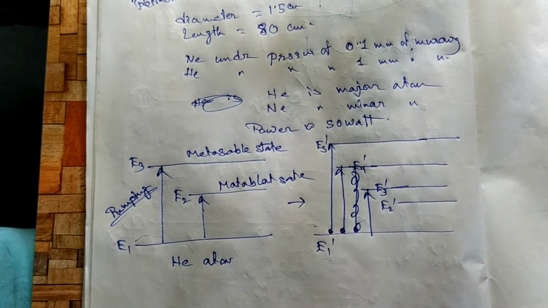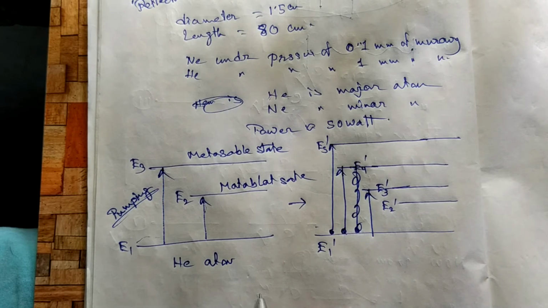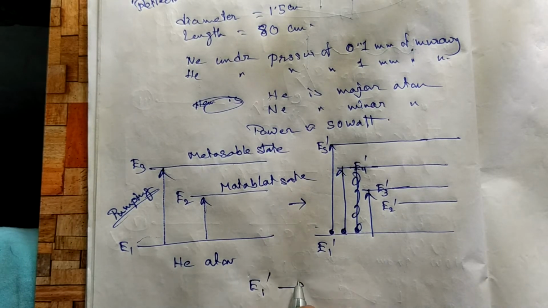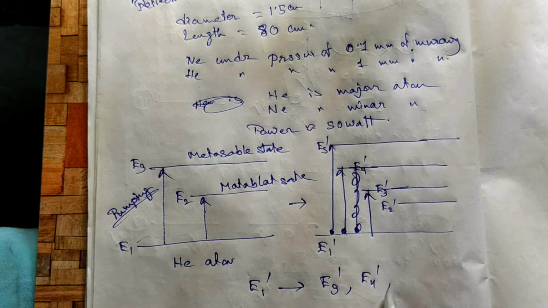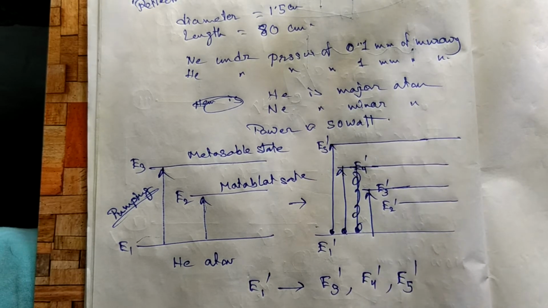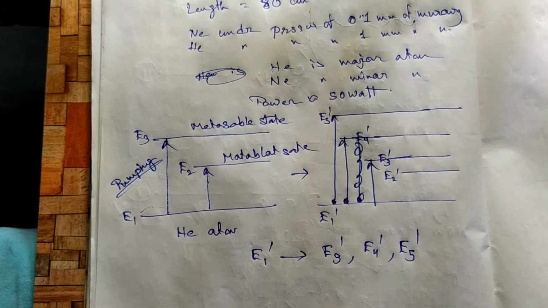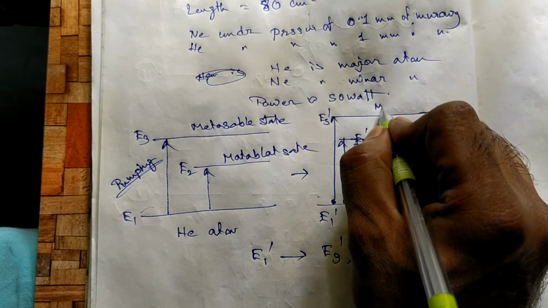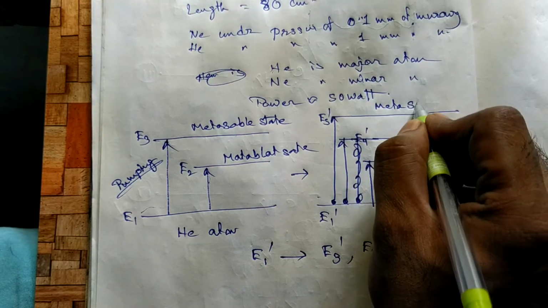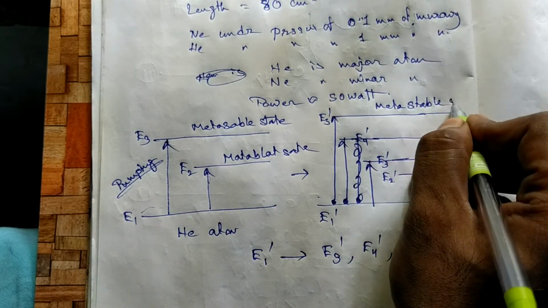E dash, so that means E1 dash to E2 dash, E3 dash, E4 dash, E5 dash. Okay, so the helium neon states E5 dash and E4 dash are known as metastable states.